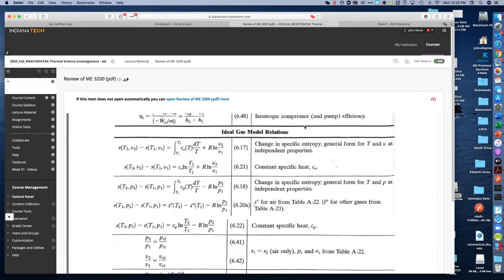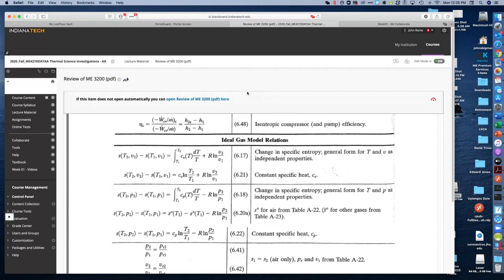If we have a compressor or a pump, we have devices that require work to cause the enthalpy to rise. If we were doing that in an isentropic fashion, the minimum amount of work that would be required is now put into the numerator, because it will actually take more work than what we would expect if it was done isentropically.